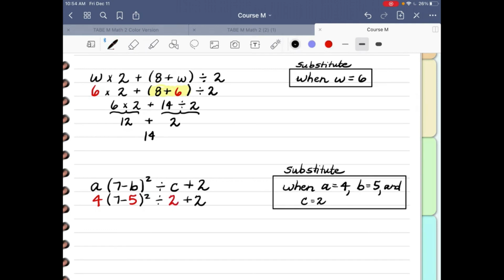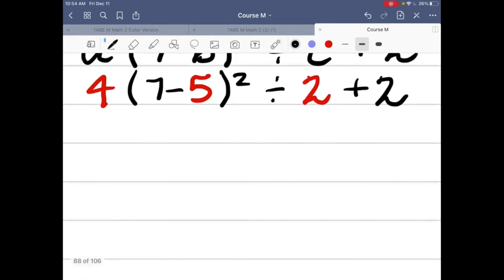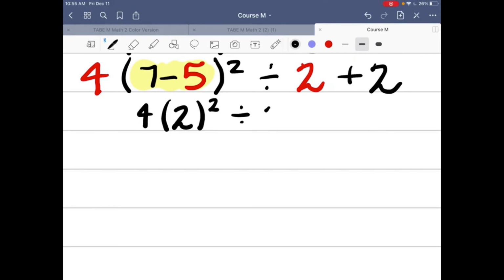And then I need to do all the math that can be done. So we first do parentheses. 7 minus 5 is 2. And that's going to be to the second power. There's the 4 and then the rest of the problem. And then 2 to the second power, that's 2 times 2 is 4.